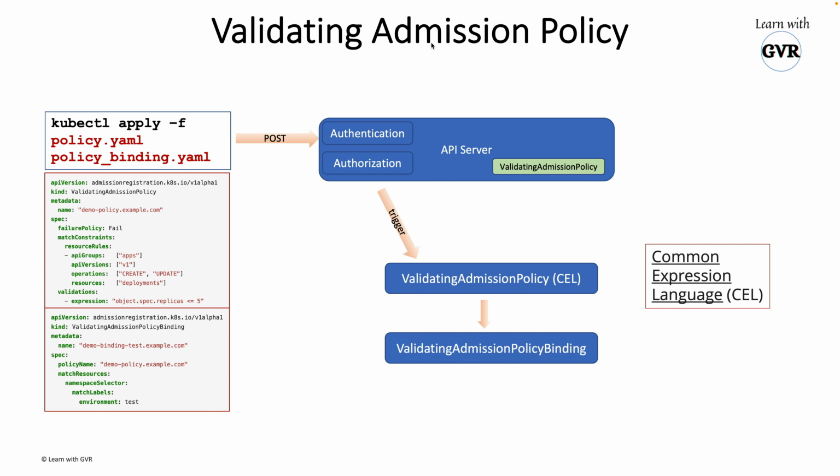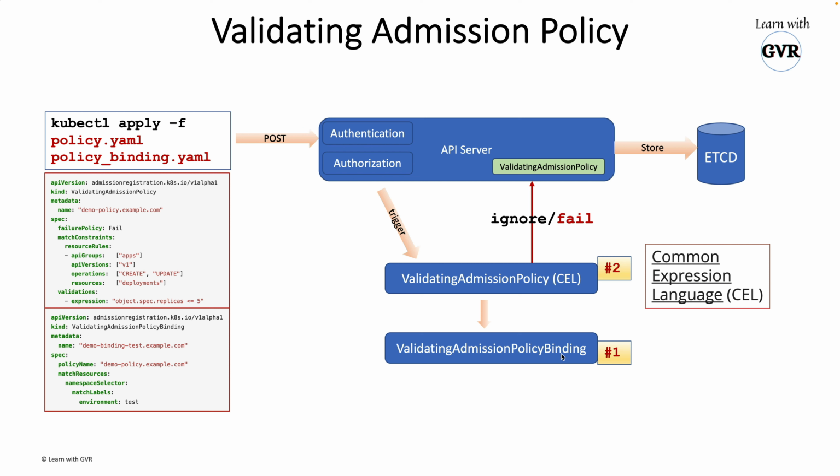Validating admission policy means a policy as well as a policy binding. These two things. Whenever you apply, that's it. This validating admission policy will either ignore or it will fail. If it is all good, then it will store in etcd. If there is any failure condition, then it will fail the respective deployment.